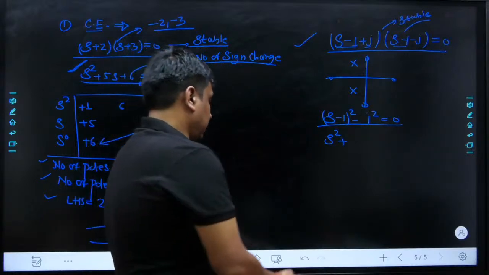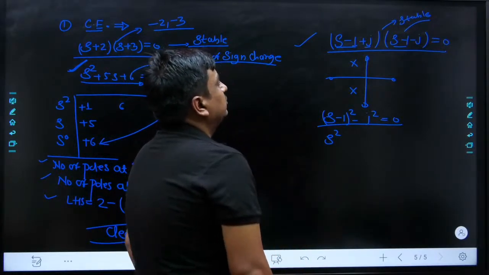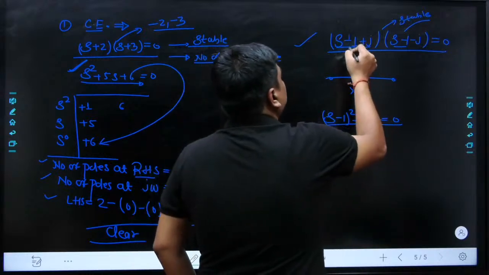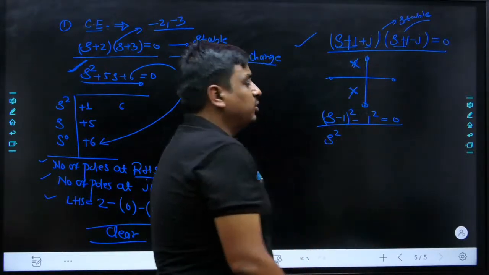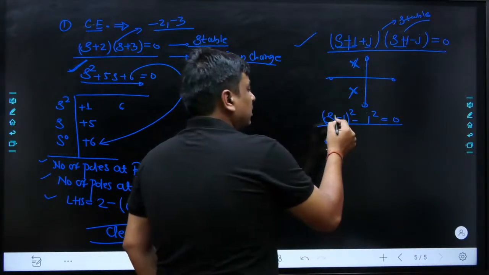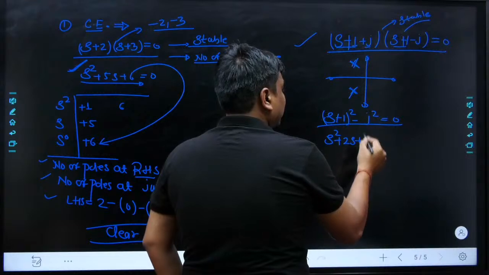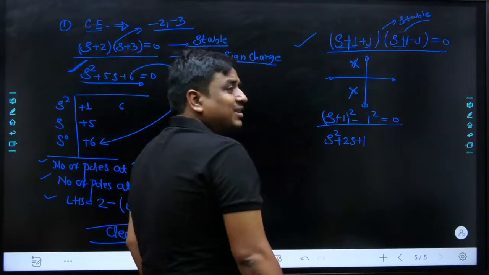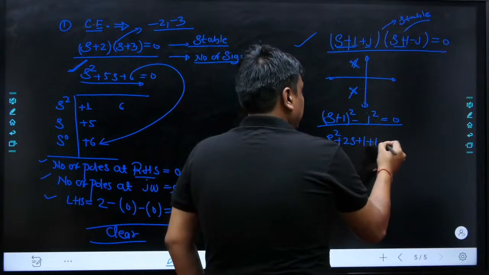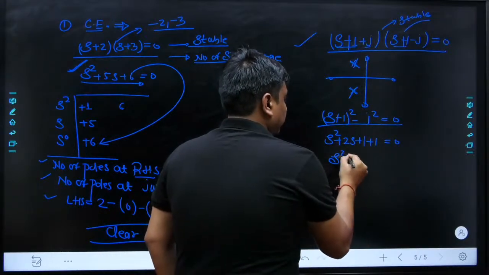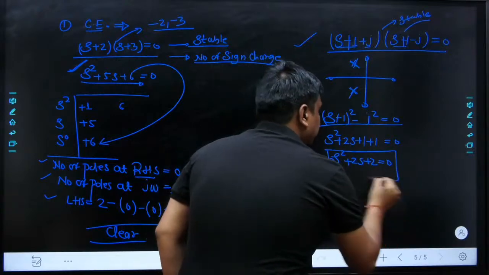So here it becomes s plus 1, sorry, it is plus here, then only it would come towards the left hand side. Here goes (s plus 1) whole square, here it goes s square plus 2s plus 1 minus j square. The j square is nothing but the minus 1. Minus 1 gets multiplied with the minus, it would become plus. It would become s square plus 2s plus 2 equals to 0.